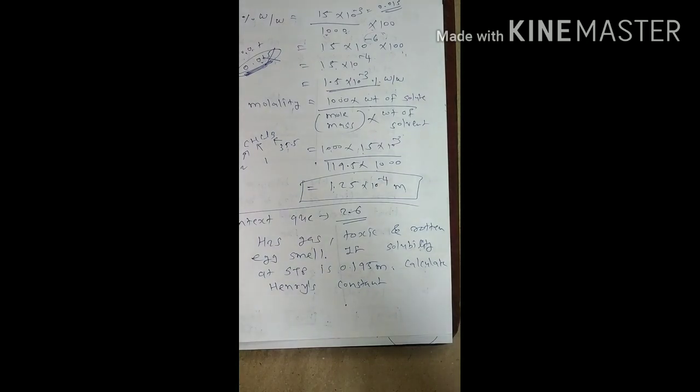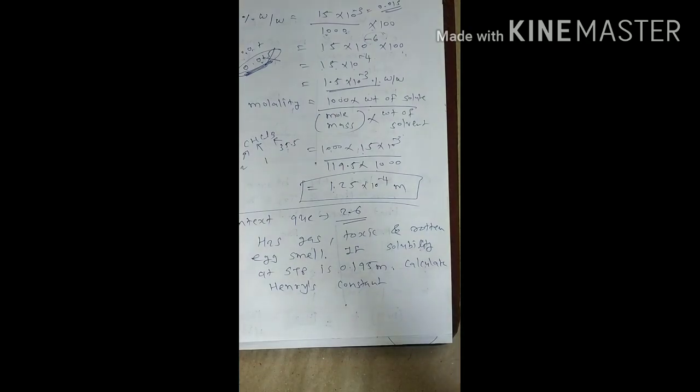Now this much of the examples, text examples plus exercise examples, was from units of concentration. The next topic was Henry's law. Now we will calculate some examples using Henry's law.